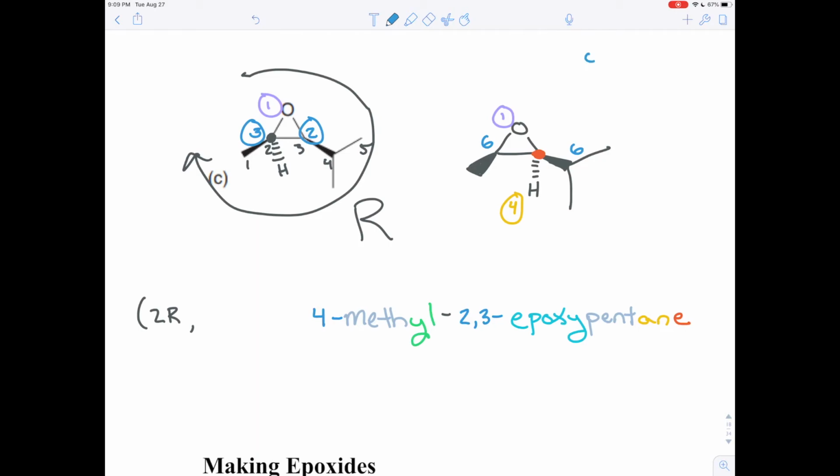Those tie, and so anytime you have a tie, you want to make a table. This carbon here on the right is bonded to 2 carbons and an implied hydrogen. So carbon, carbon, hydrogen in order of descending atomic number.